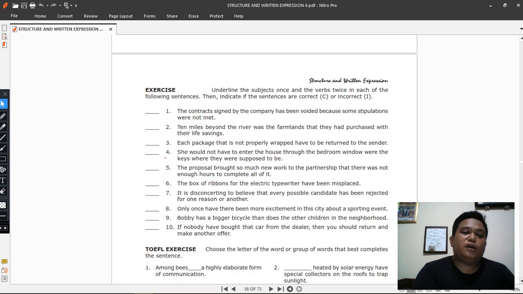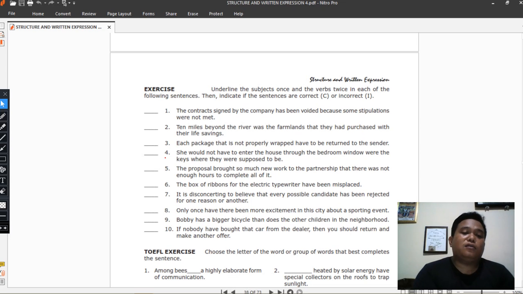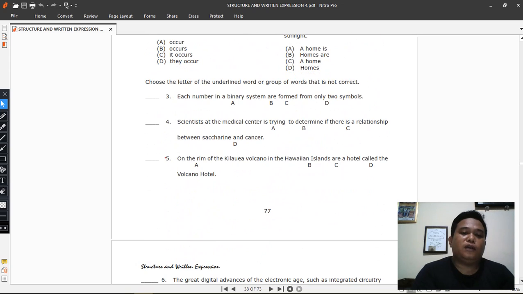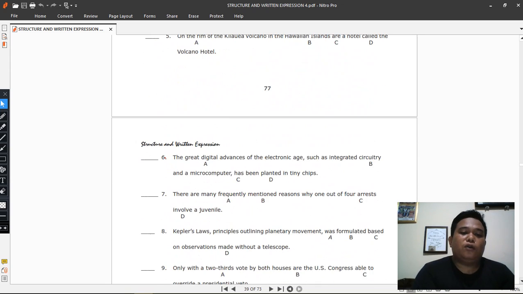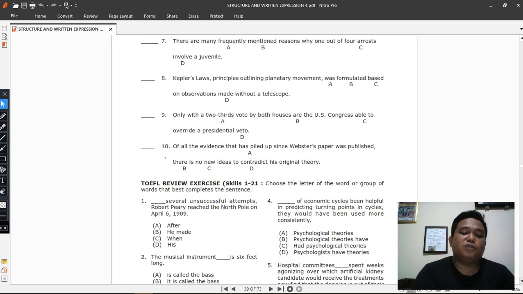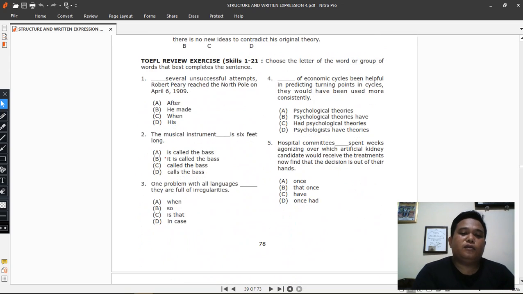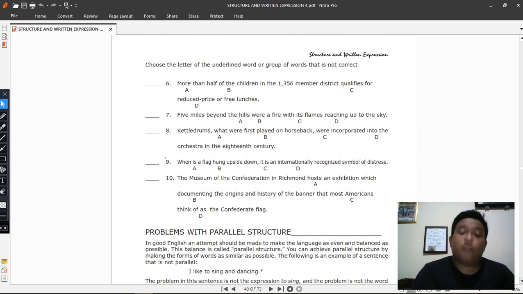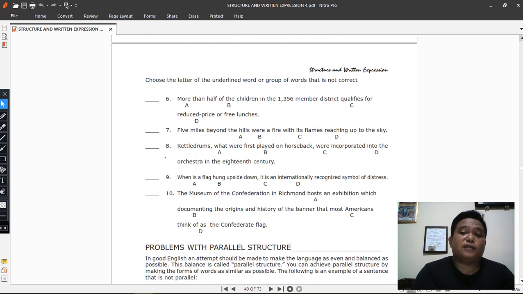If you do the handwriting, make sure it is a good handwriting that I can read, so I can correct and check your answer. Make sure you do this. So after this, please do the task and submit to me today, before our class ends.